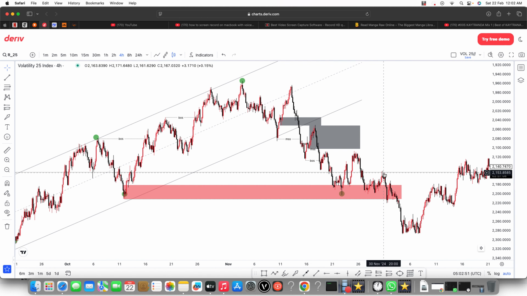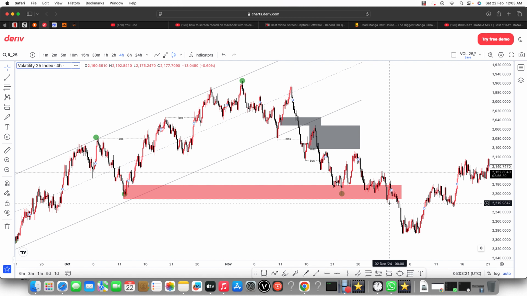This heavy rejection was a signal to indicate that there are no sellers. Sellers are not interested in going higher at this point. And sorry, buyers are not interested. And sellers came into play and distributed, printing an order block. So these last up candles here are the orders that were placed within here, buyers and sellers.